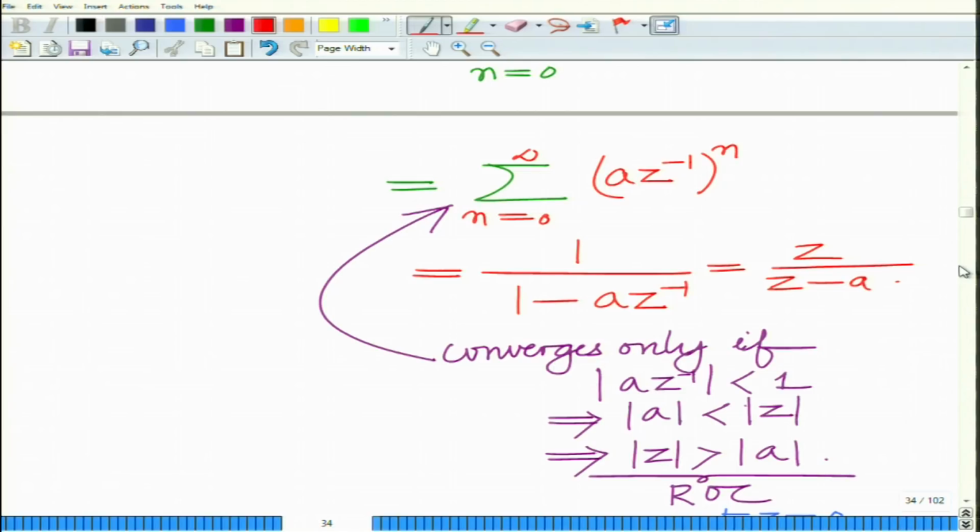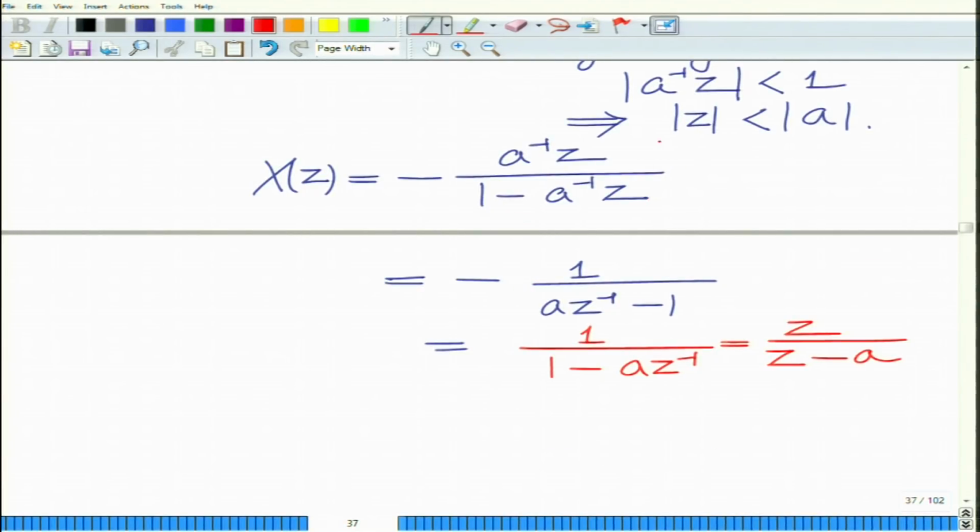However, the previous one has an ROC magnitude of z greater than magnitude of a. However, this has an ROC magnitude of z less than magnitude of a. So, we have the same Z transform X(z) equals 1 over 1 minus a z inverse, but with different ROCs.